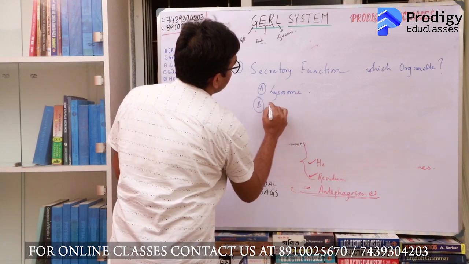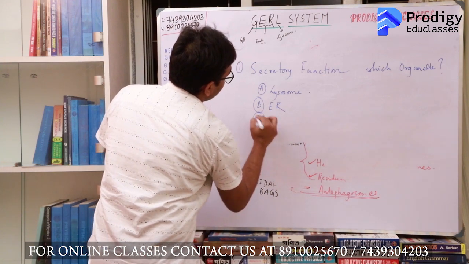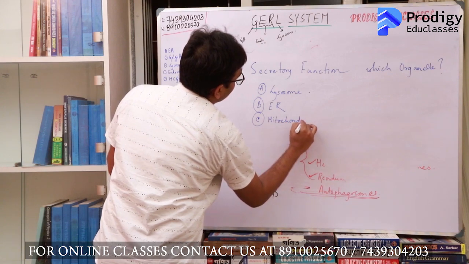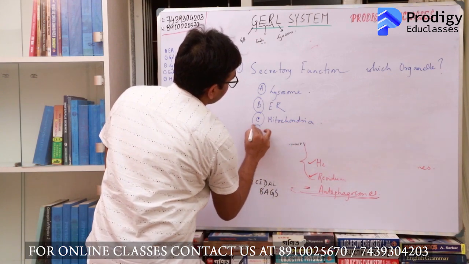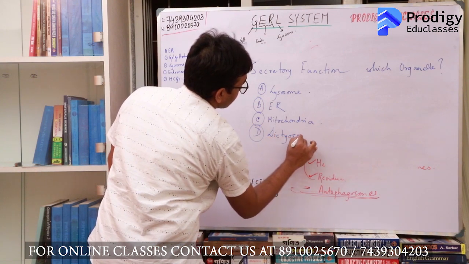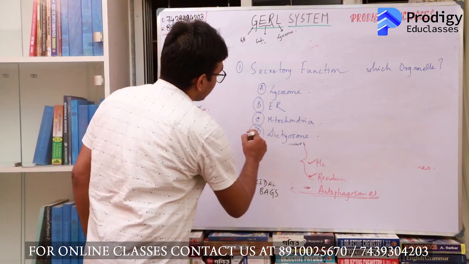Option B, ER. Option C, mitochondria. Option D, dictyosome. The answer here will be dictyosome.